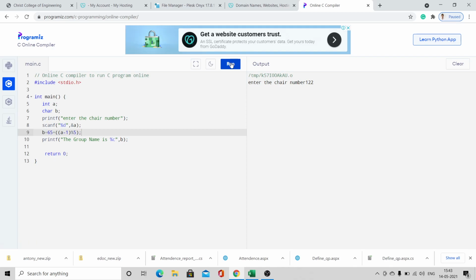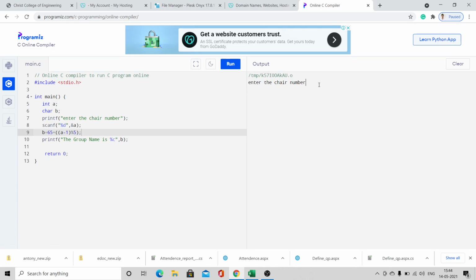I'm not getting an output. Yeah, now we are getting the output. There was some problem in the compiler. So the group name is B.